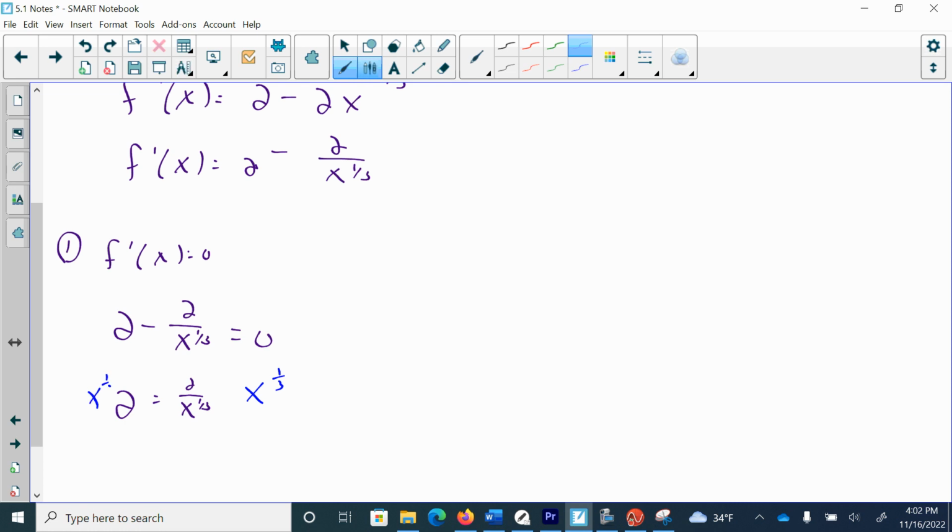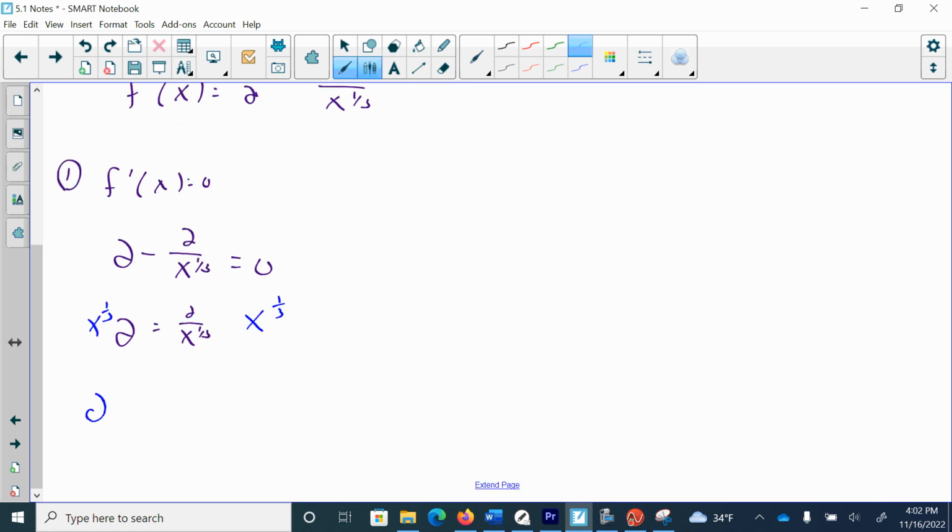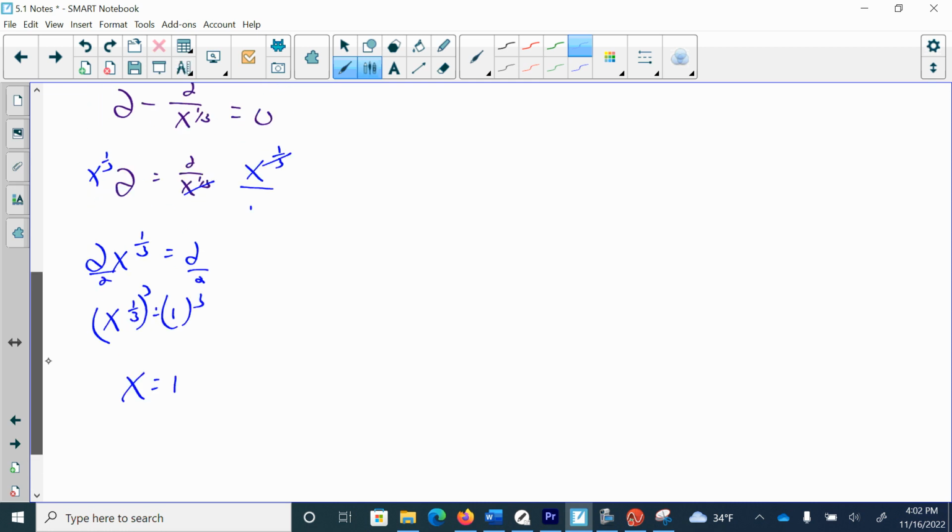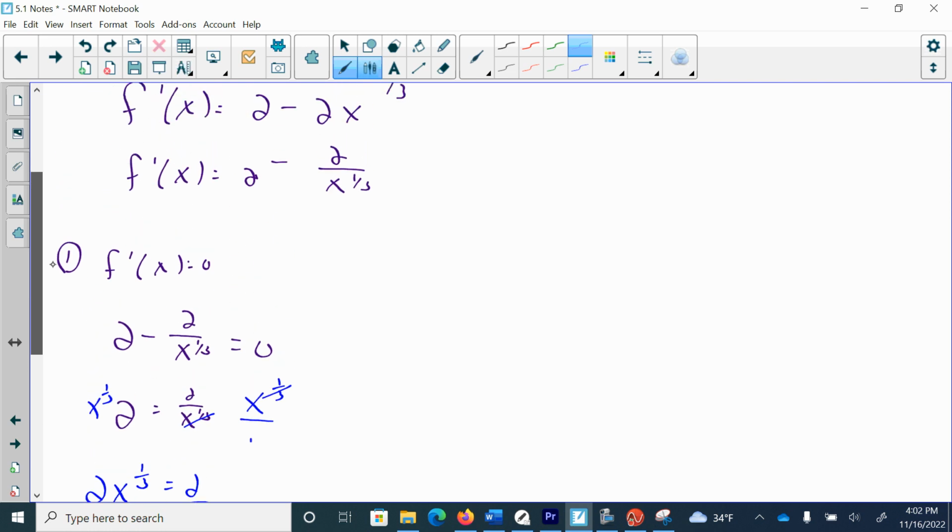And when I do that, I'll have 2x to the 1/3, is equal to 2. Divide both sides by 2, and I get x to the 1/3 is equal to 1. Then I'm going to raise both of them to the 3rd power to get rid of that fractional exponent. And when I do that, I get x is equal to 1. So that's when my derivative is equal to 0.